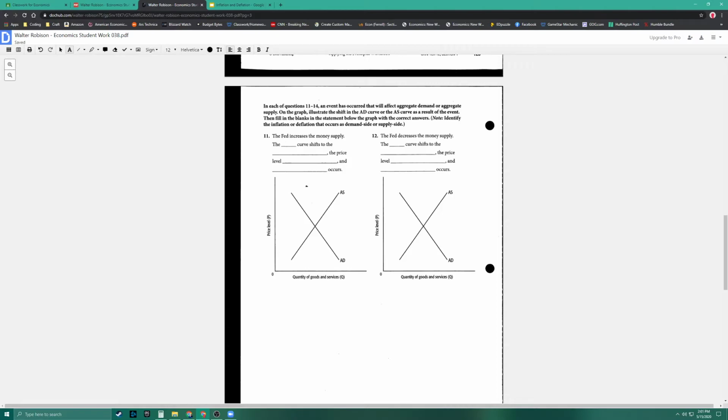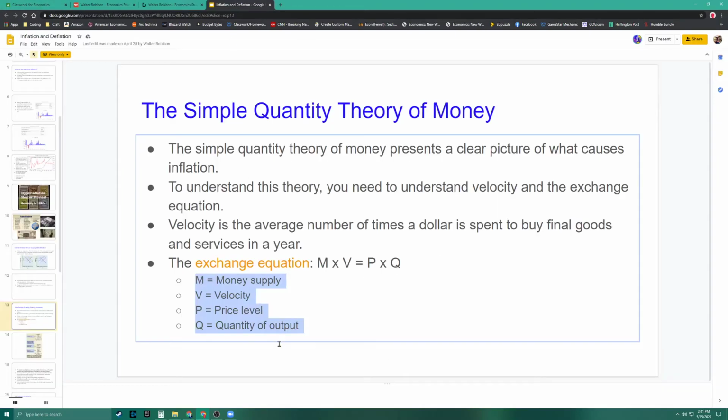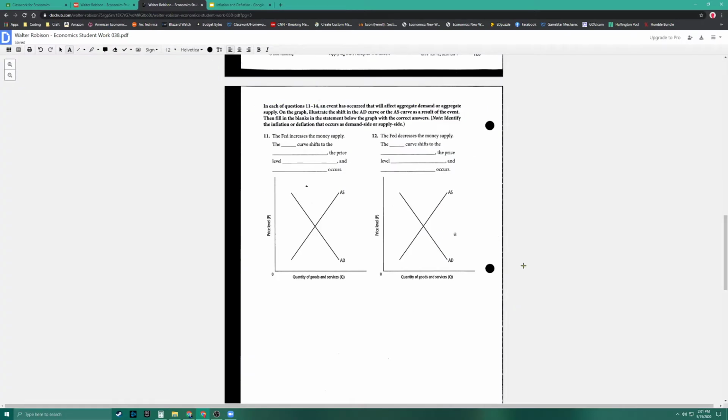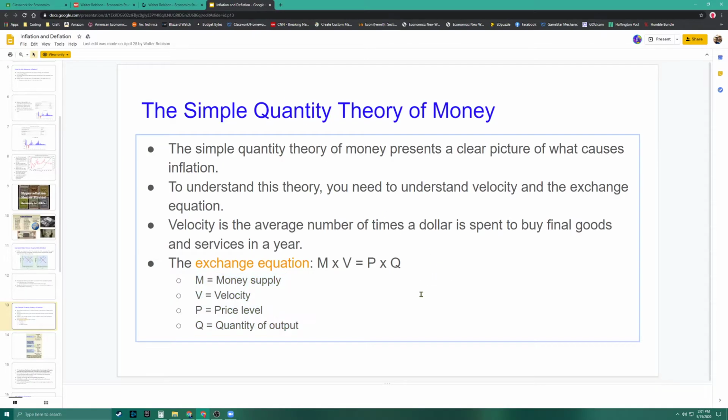All right. So the Fed increases the money supply. Remember this back here. Okay. So this side, the money supply, has increased. So if you're confused about this, let's go over this and think about this. When we talked about supply, we talked about these two things, price and quantity, right?